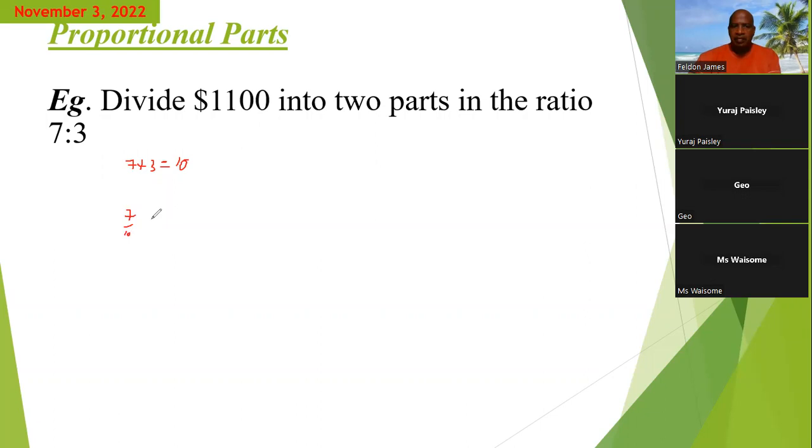So for the first part of the ratio, 7, that would have been equal to 770. Then for the second one, I have 3 over 10 times 1100 over 1. 0 cancels 0, and then 3 times 110 gives 330. So the ratio 7 to 3 would have been equivalent to 770 to 330.